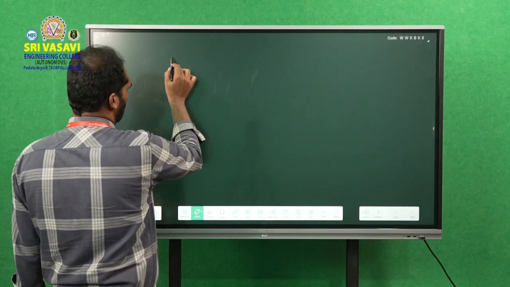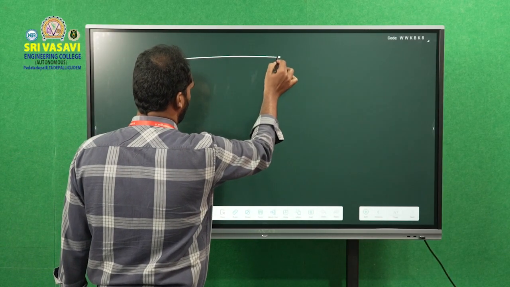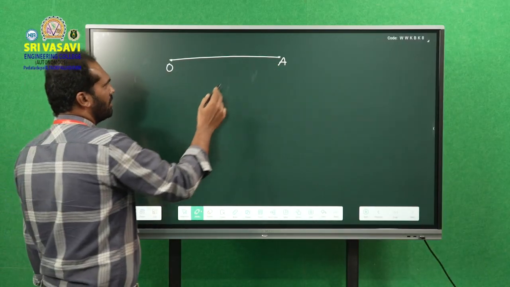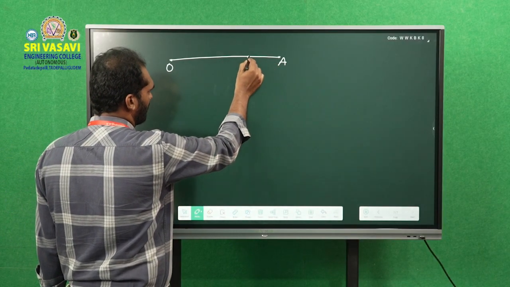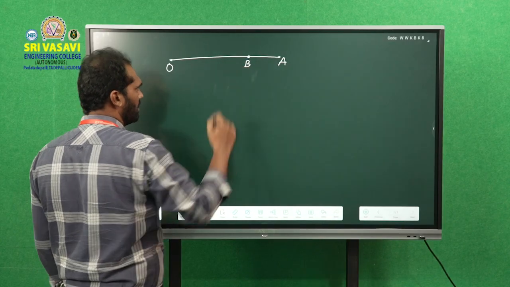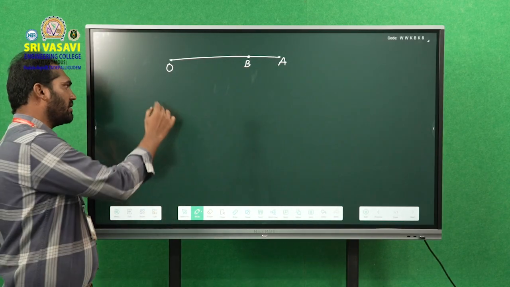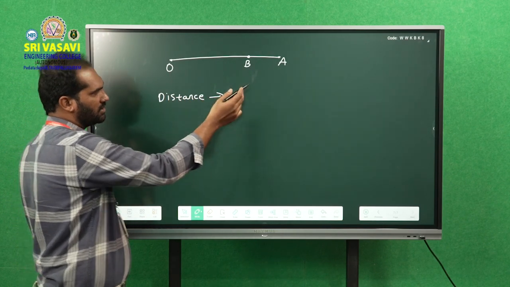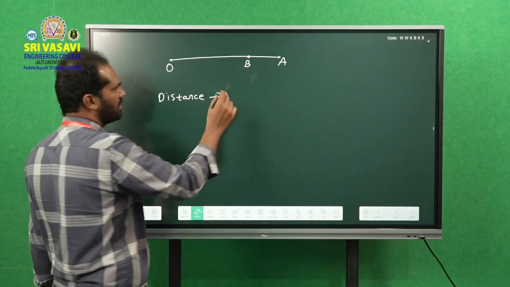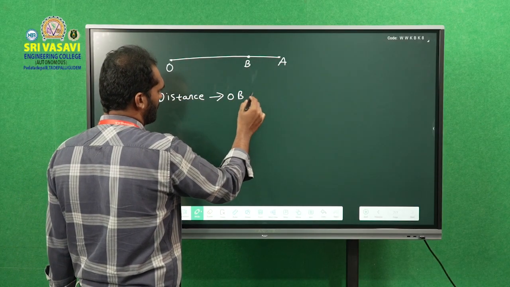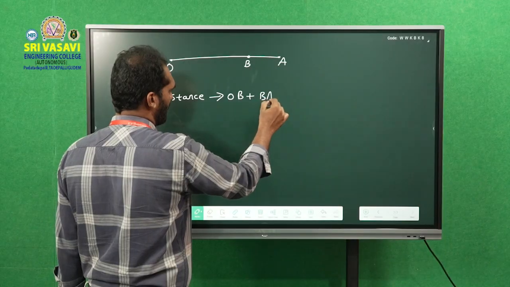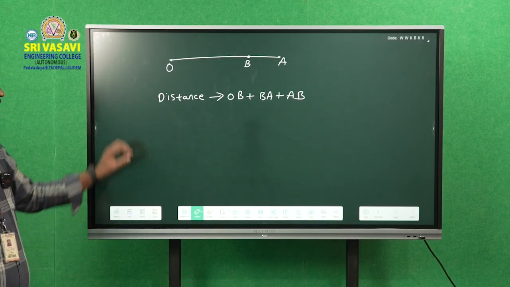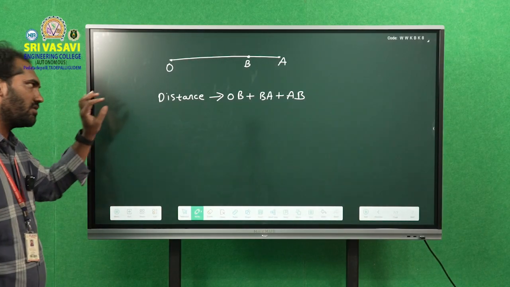I'm considering it going from point O to point A, and in between I have placed point B. So here, the distance covered by a body is O to B plus B to A plus A to B. This is the total distance covered by an object or a body.